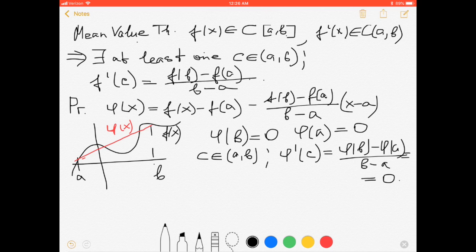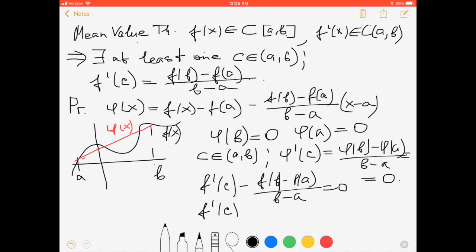So the derivative f'(c) minus the fraction (f(b) minus f(a)) over (b minus a) equals 0, and this means we proved exactly the fact. So we proved this fact.